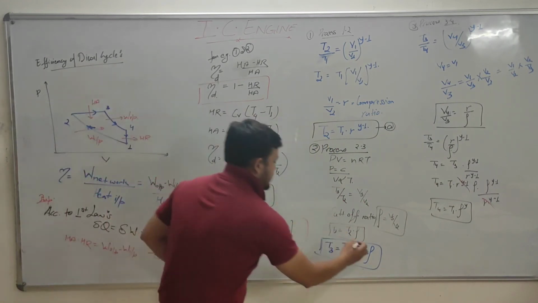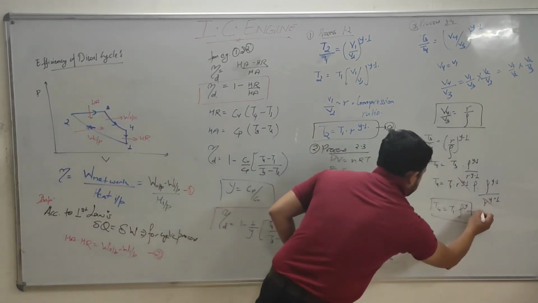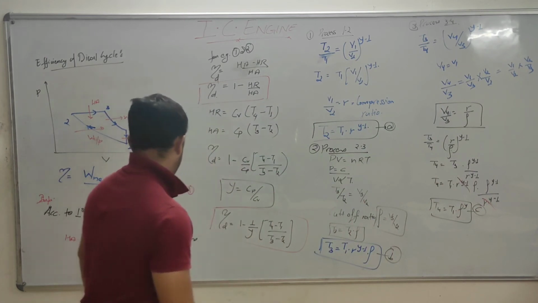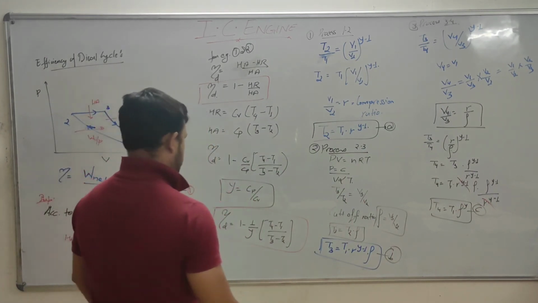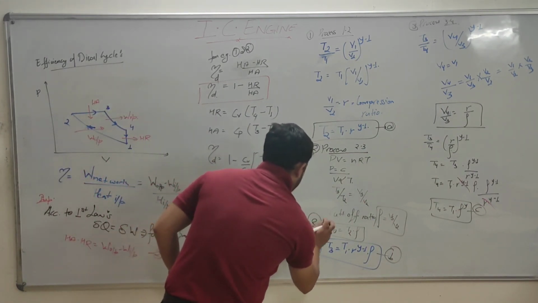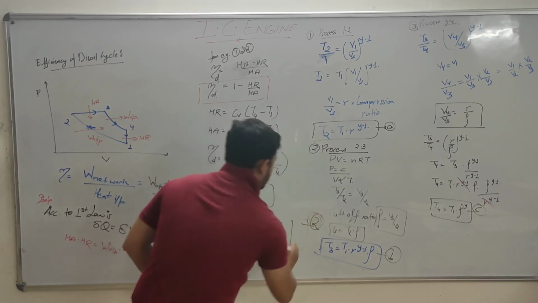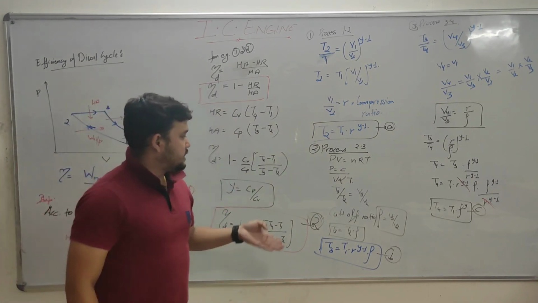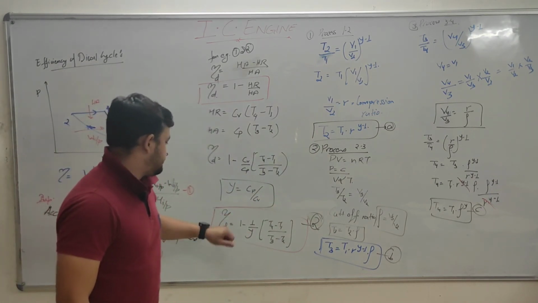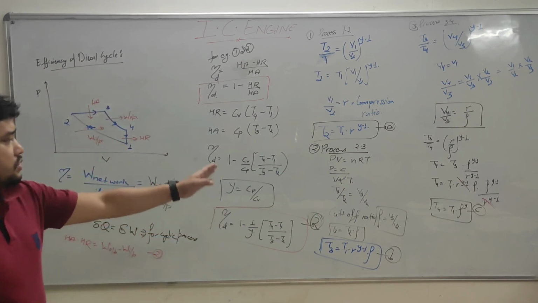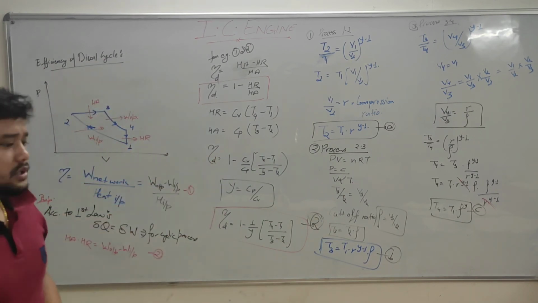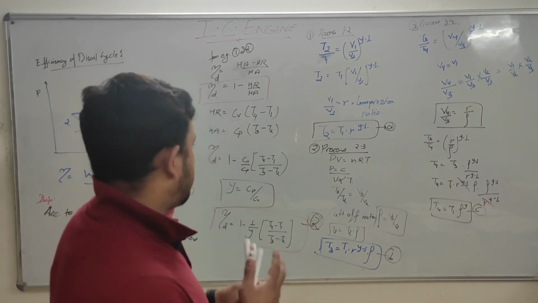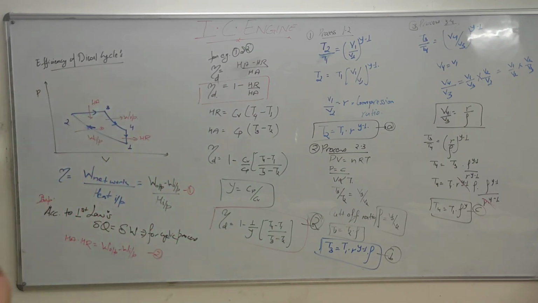Now this is A, this is B, and this is C, and this will be equation number 2. So you can put the values of T2, T3 and T4 into equation number 2, because all the T2, T3 and T4 are converted into a function of T1.